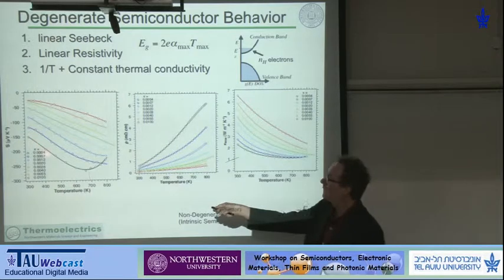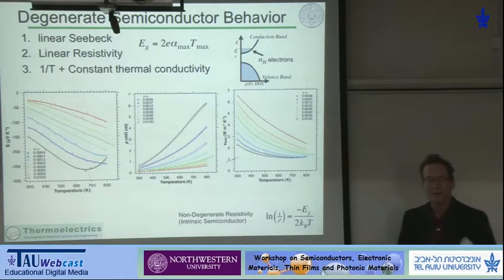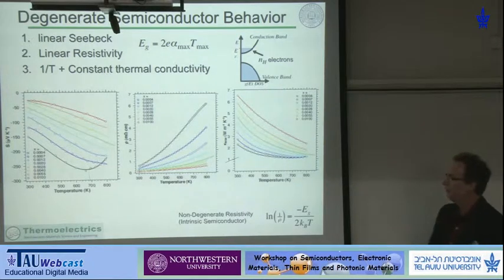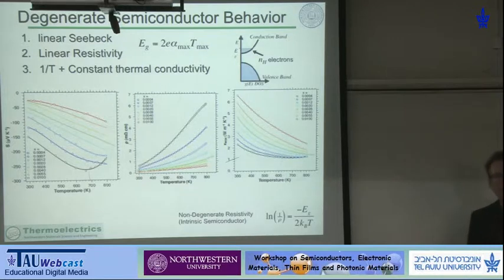And by increasing the carrier concentration, the Seebeck coefficients can get quite small. You might recognize those Seebecks closer to a metal, but yet we're going to understand these as heavily doped semiconductors.